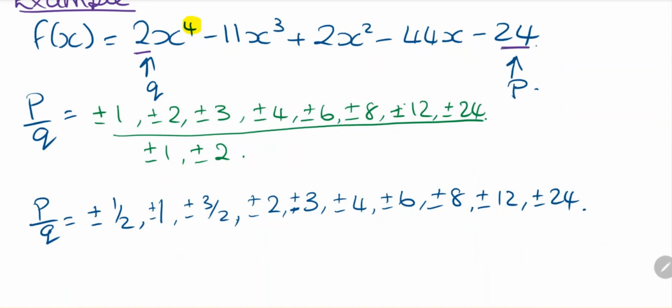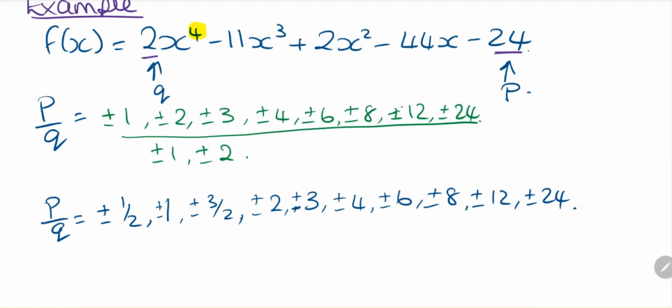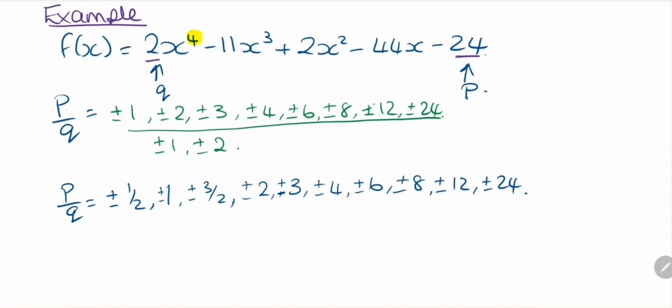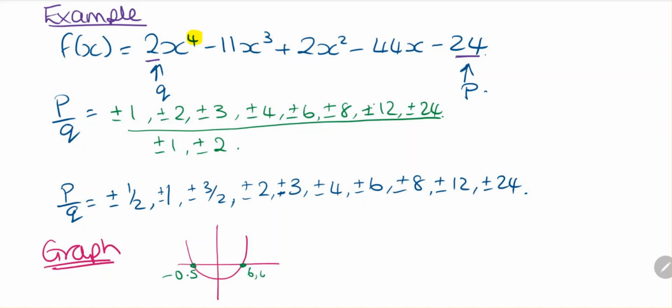So now we need to test some limits. If we were to graph this function, we would have something that is going to show us some zeros. So our zeros could be at minus 0.5 and 6.